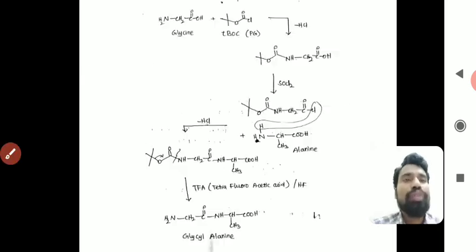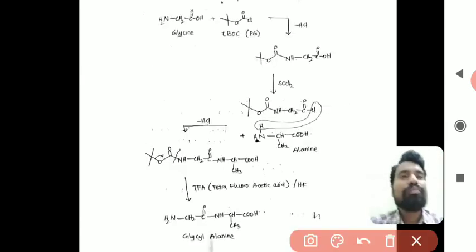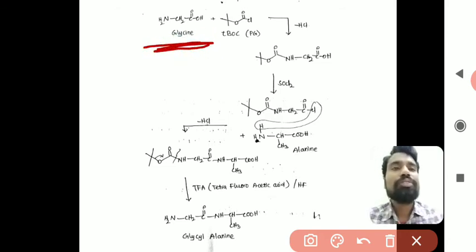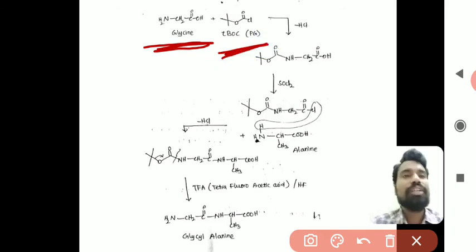Now what we will do is take the N-terminal amino acid, that is glycine, and react it with a protecting group, PG. Here I am reacting with Boc, that is tertiary butyloxycarbonyl chloride, right?